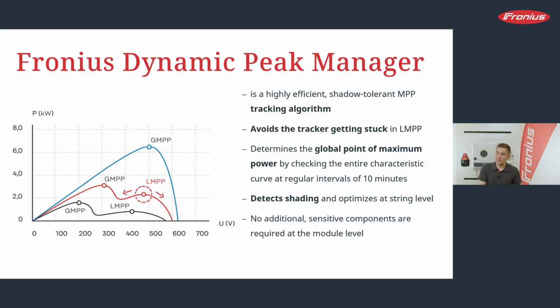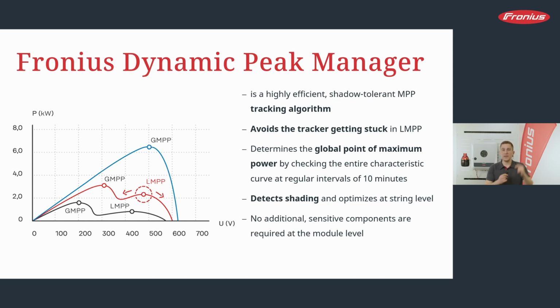And the problem is, an inverter without the Dynamic Peak Manager would stay at this local maximum power point because it will track the IV curve down and see, okay, the power is going down, and when it tracks the voltage up, it will see, okay, the power is going down again. Therefore we have our Dynamic Peak Manager, and this algorithm will scan the whole IV curve from time to time to make sure that whenever there is a global maximum power point within the IV curve, the inverter will track to this global maximum.